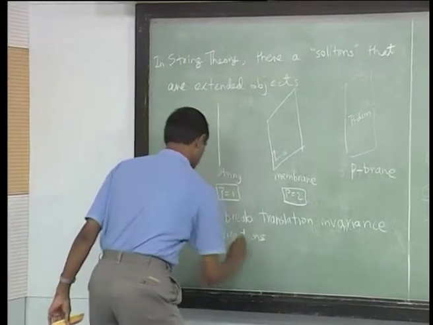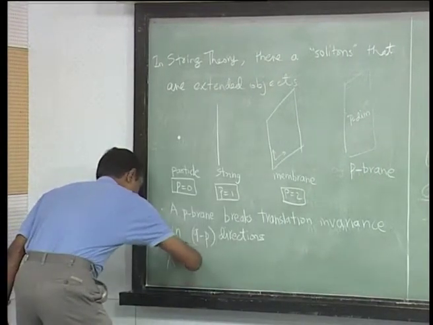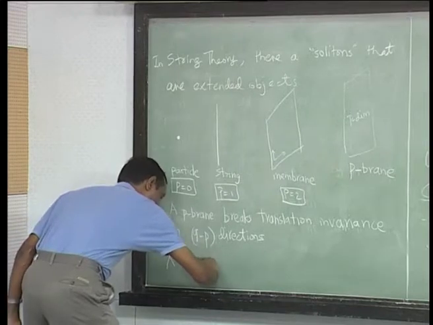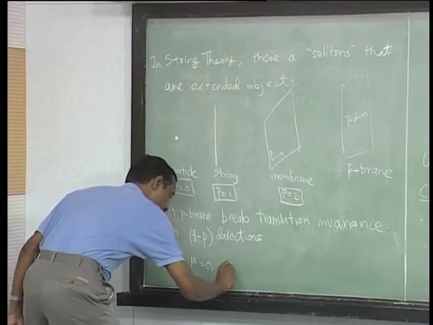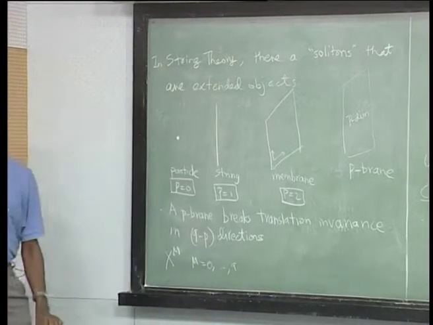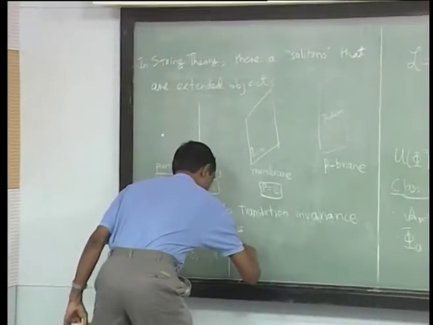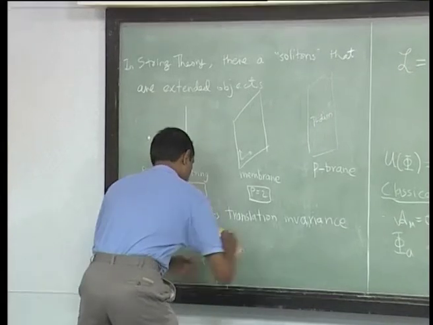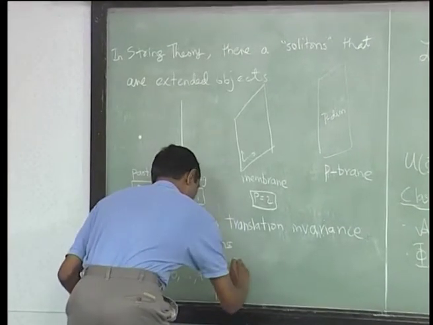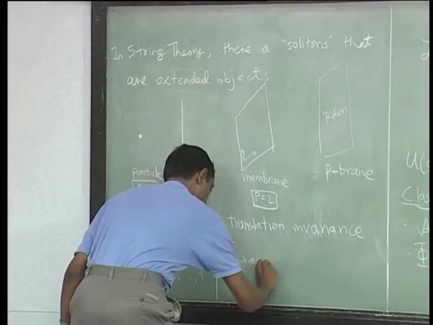Okay. In other words, let us say that we are in 10 dimensional space x^M, where M goes from 0 to 9, okay, and let us assume that this p brane is specified.